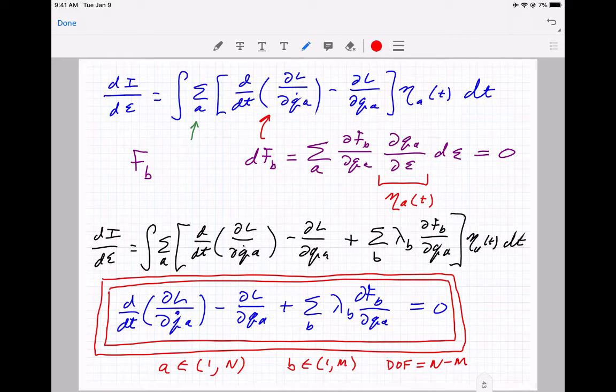Yet what we'll have to do is solve equations for n plus m unknowns. Okay? And so by adding equations of constraint, we end up with more complicated equations. We have more unknowns that we have to solve for.